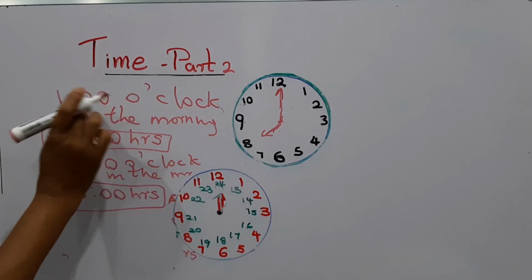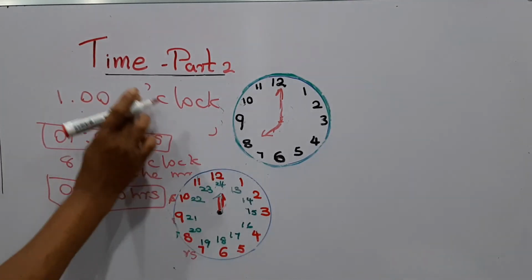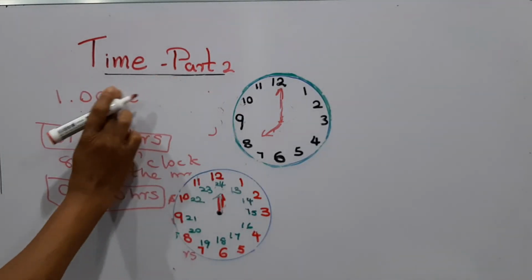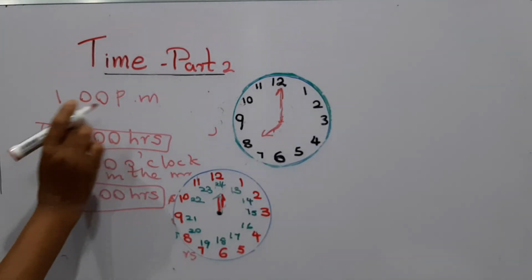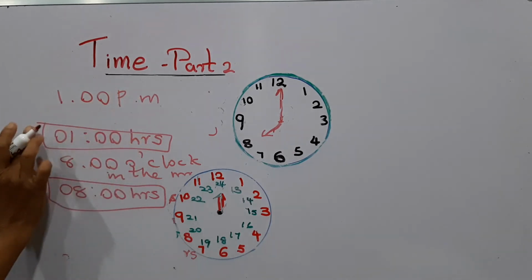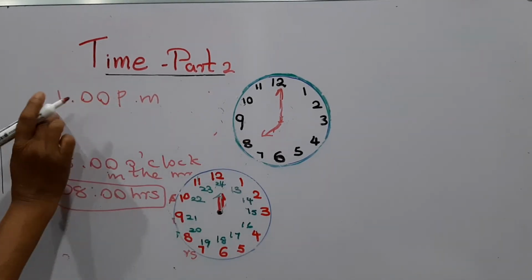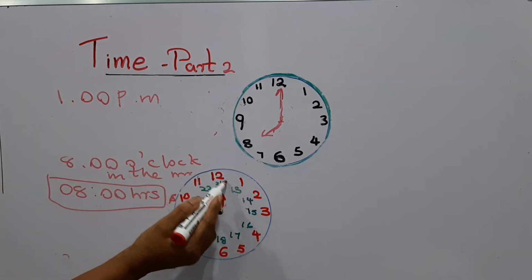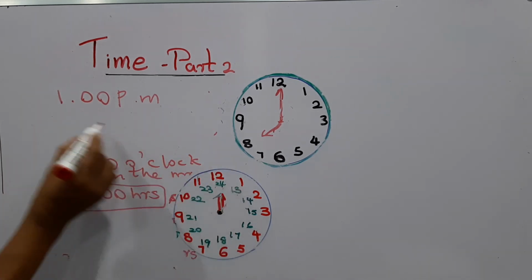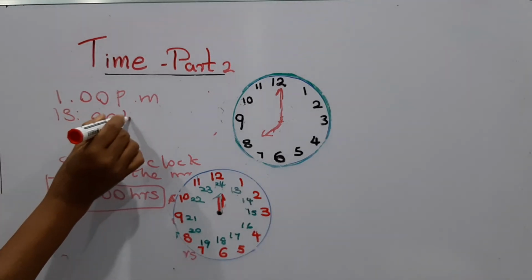Now we'll think the time is 1 o'clock. Time is 1 PM, afternoon. Then how are we going to write that? Write the time in 24-hour clock time, 1 PM. That means already past 1 hour. That is 13 hours.